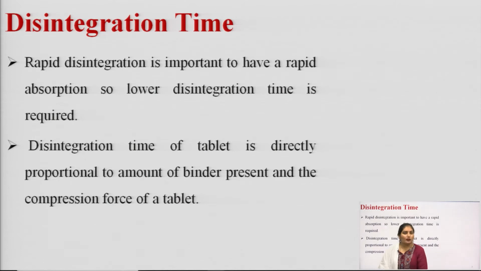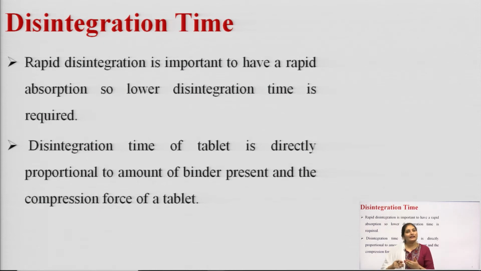So, the first factor is the disintegration time. As I have told you previously, whenever a solid drug substance or a solid dosage form is administered, it has to go through different processes. The first process is disintegration. After disintegration, there will be deaggregation, and the drug particles will convert into finer particles.